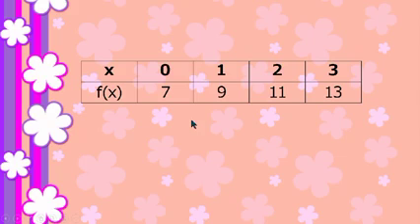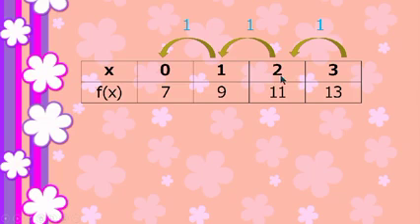So, tingnan natin ano ba yung ibig sabihin nun. Una, you will subtract the second value to the first. So, 1 minus 0 is 1. Next, subtract naman yung third dito sa pangalawa. 2 minus 1 is 1. Subtract naman to. 3 minus 2 is 1.